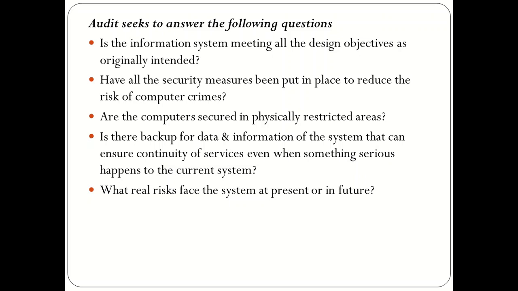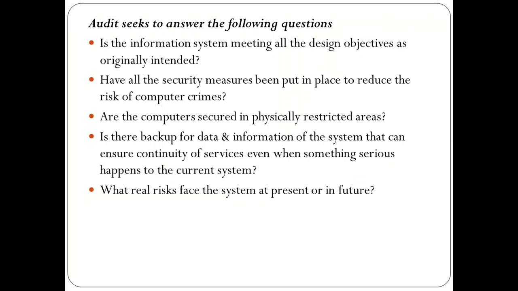Number two question that must be answered during the audit trail is: have all the security measures been put in place to reduce risks of computer crimes? So is that system able to create the password? Is that system able to authenticate the password?